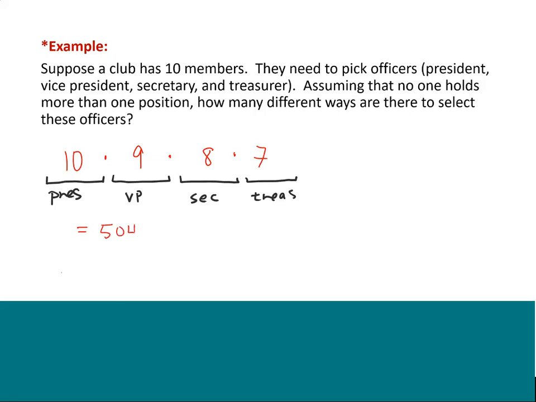So this turns out to be 5,040 different possible ways that you could vote in or make those people fill the offices, whether it was something they wanted to do or they got guilt-tripped into it, depending on how the club was.